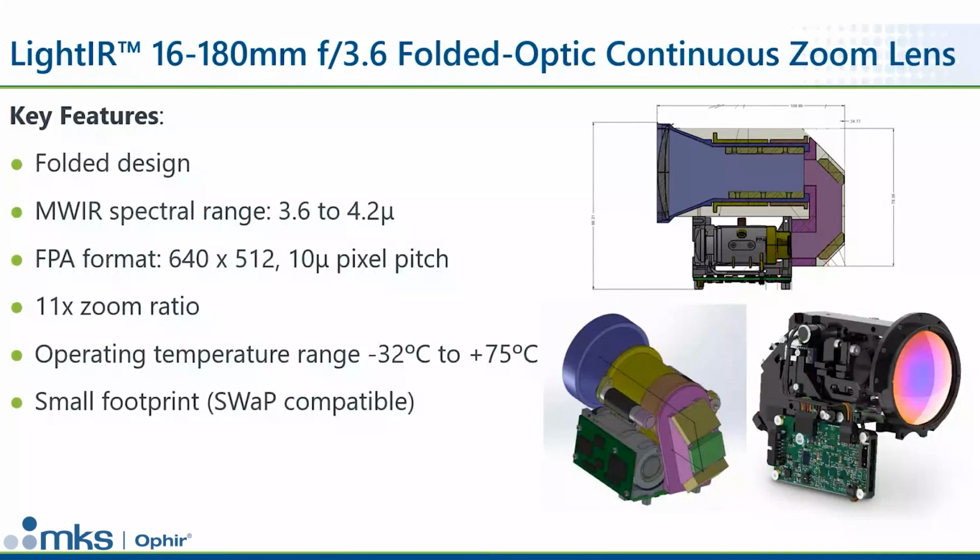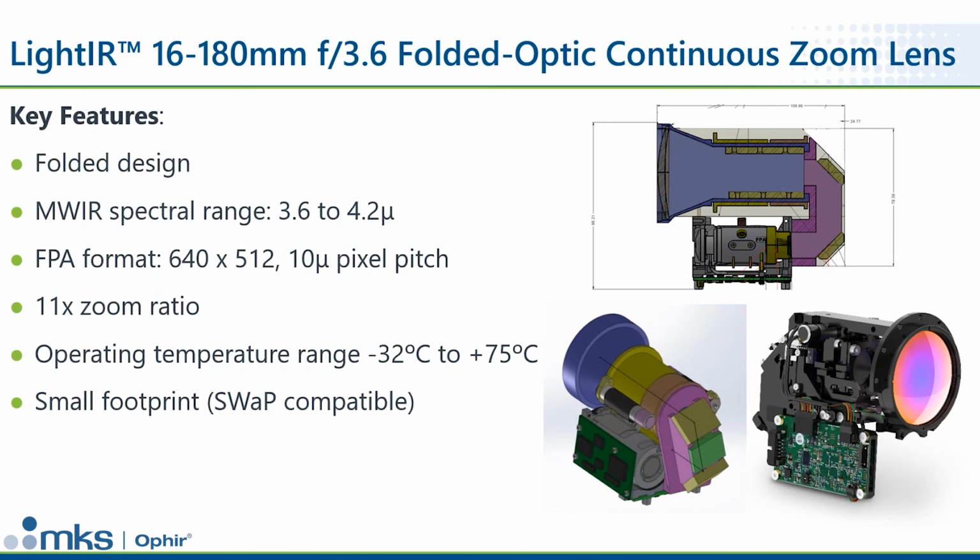I would like now to introduce our new product, the LiteIR 16-180mm f3.6 folded optic continuous zoom lens. The key features of this product: it is a folded design zoom lens. The spectral range is 3.6 to 4.2 micron. The FPA format is VGA, 10 micron pixel pitch.